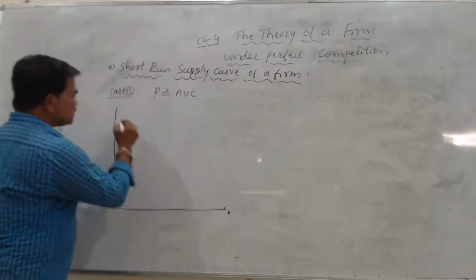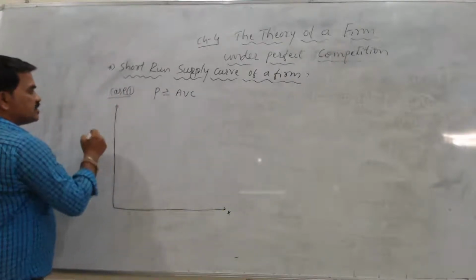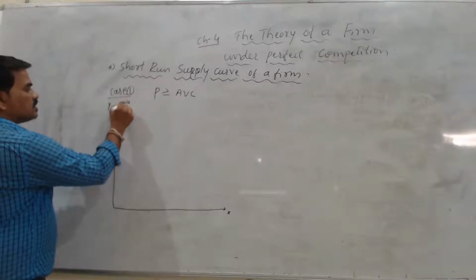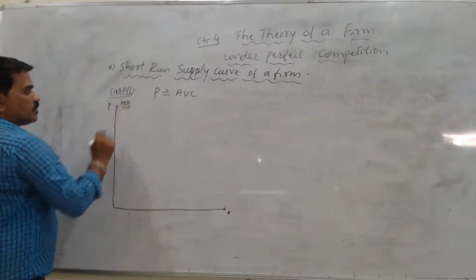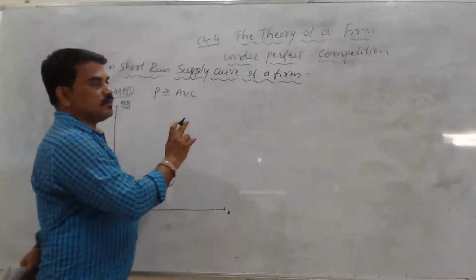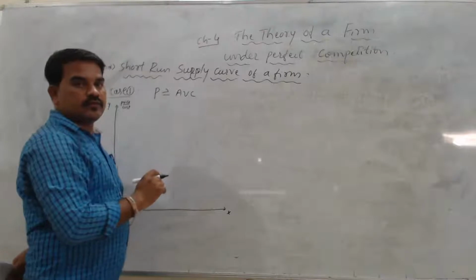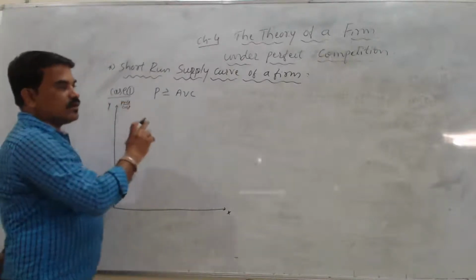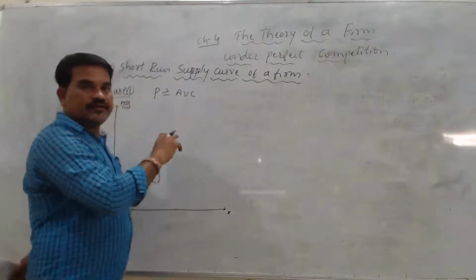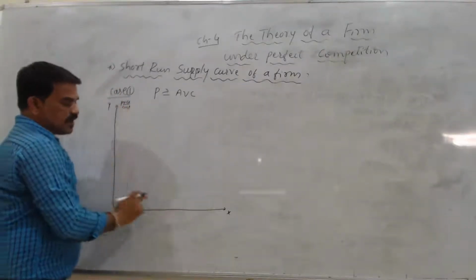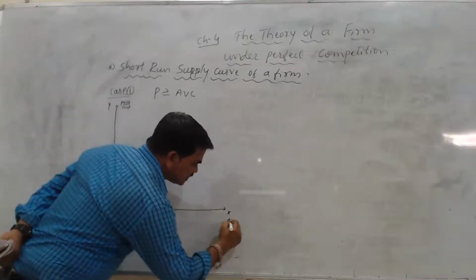This is the x-axis and this is the y-axis. In the y-axis you will take price or cost. Price, because we need to understand at what market price we are supplying. Cost, to get the marginal cost and average cost. So price or cost you take on the y-axis, and on the x-axis that is output.